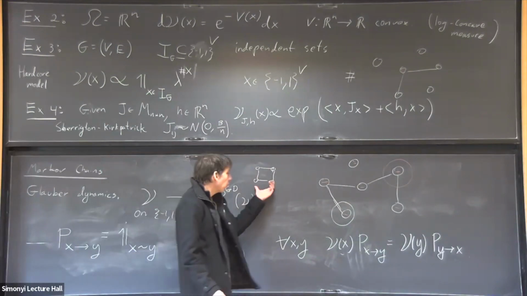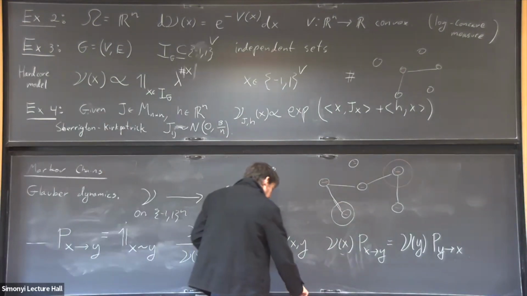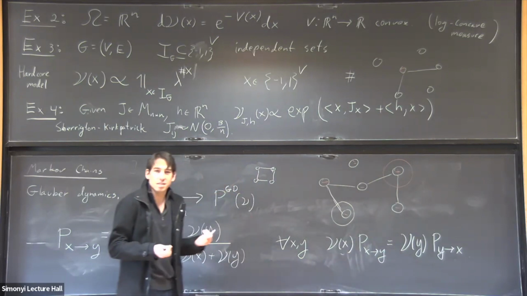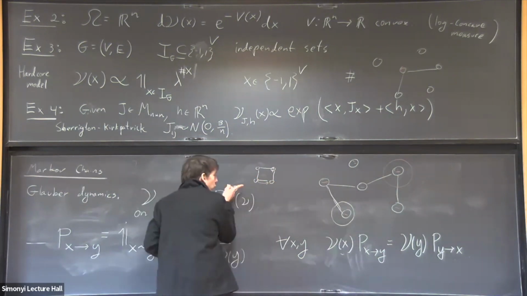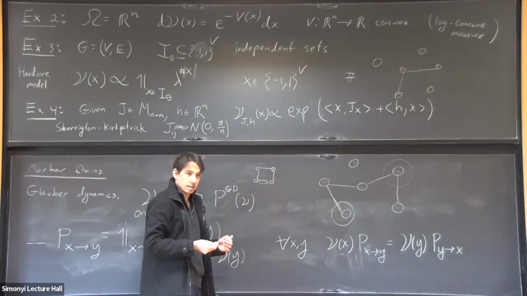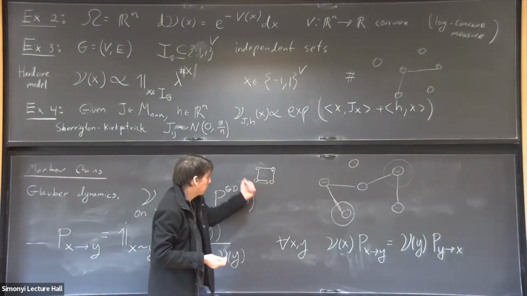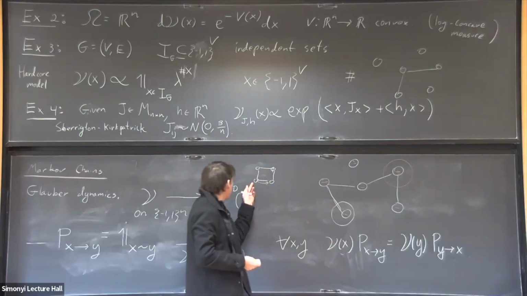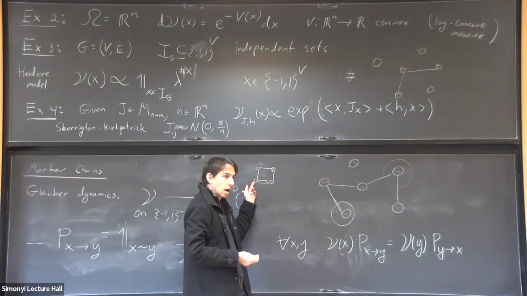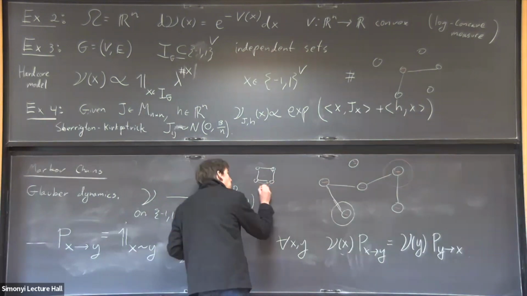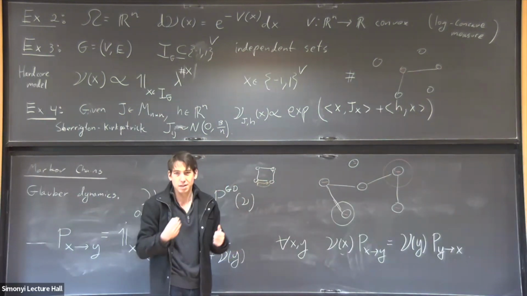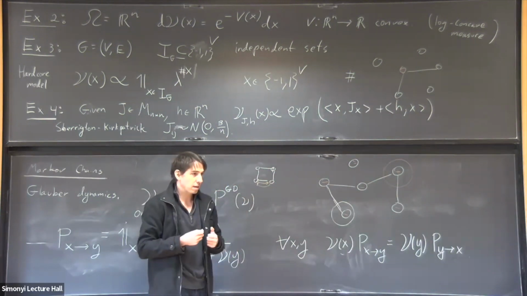Basically what it says is that you can think about this as a flow. The flow on this edge going to this side is whatever mass I have here times how much of it goes to here. It's equal to the flow on the other side. That's reversible.